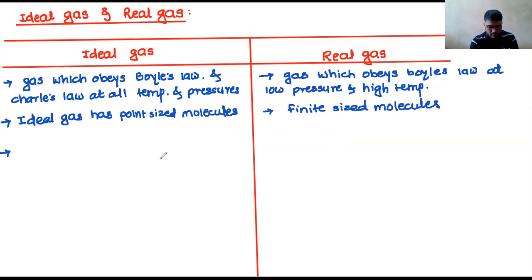Next, in ideal gas the total internal energy is equal to the sum of the kinetic energy of all the gas molecules.